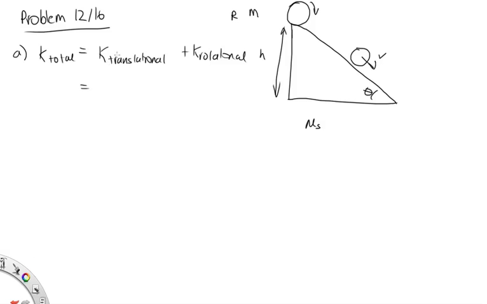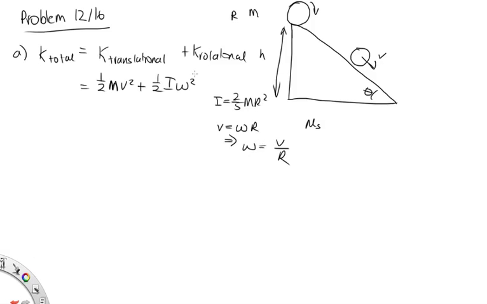The translational kinetic energy is just the kinetic energy due to the movement of the center of mass, so that's a half capital M V squared, and the rotational kinetic energy is given by a half I omega squared. Now this is a sphere, so we've got I is equal to 2/5 mr squared, and we know that V is equal to omega r, which tells us that omega is equal to V on r.